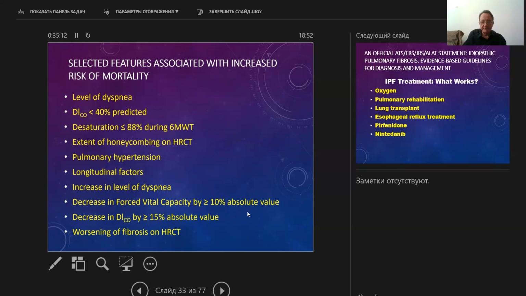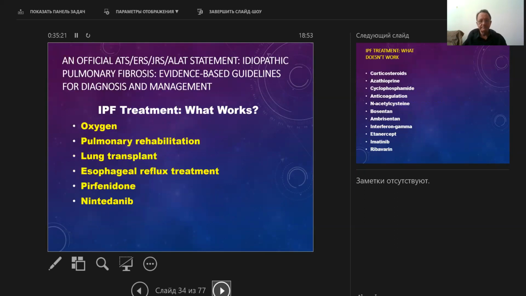And worsening of fibrosis on high resolution CT scan. So we make the diagnosis of IPF.